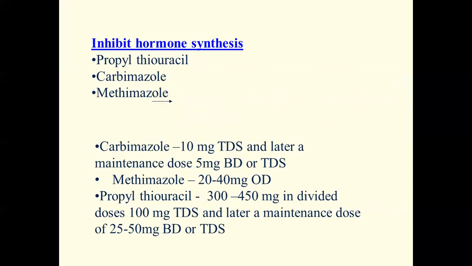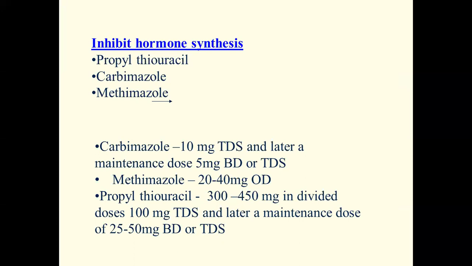Here we have the drugs that inhibit hormone synthesis: propylthiouracil, carbimazole, and methimazole. Carbimazole is a very commonly used drug in hyperthyroidism. 10 milligram TID or 6 hourly can be started, and once you make the patient euthyroid, you can bring it down to a maintenance dose of 5 milligram BID or TID.